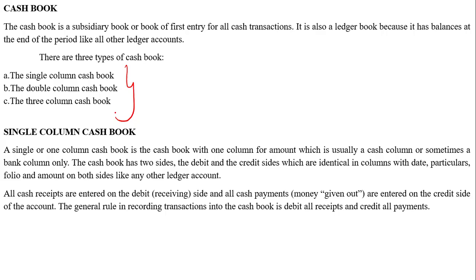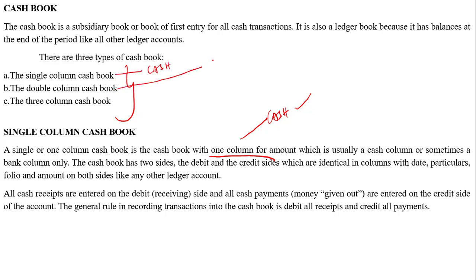The first one is the single cash book. We call it a single column cash book because we are looking at a business that only operates with cash.